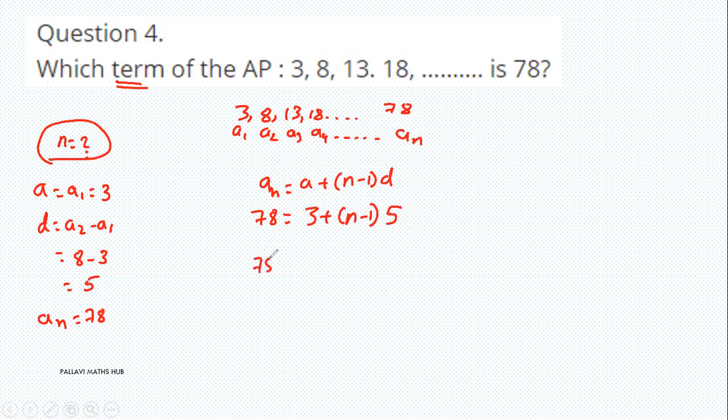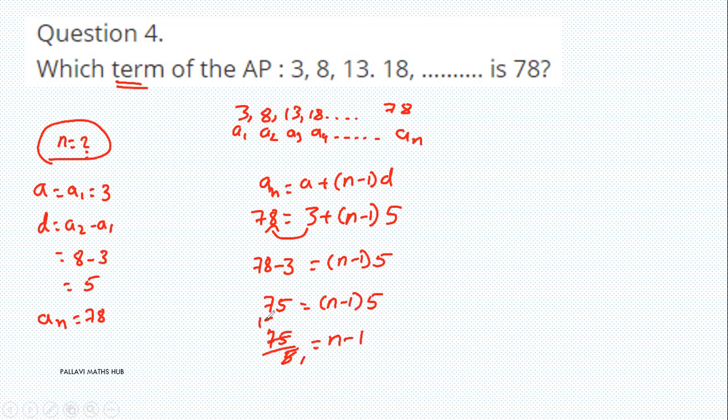In the next step, 78, this plus 3, take to the left-hand side, it will become minus 3 is equal to N minus 1 into 5. 78 minus 3 is 75 is equal to N minus 1 into 5. Next step, 75 divided by 5 is equal to N minus 1. 5 ones are 5, 5 5s are 25. You will get 15 is equal to N minus 1.